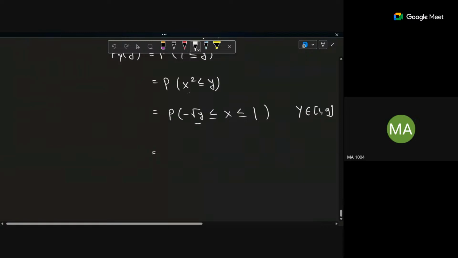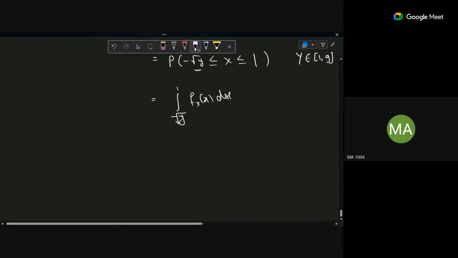So how will we integrate it? Again, the same thing: minus square root y to 1. And what is our fX(x)? It was (x minus 1) by 4, dx, with 1 by 4 common.